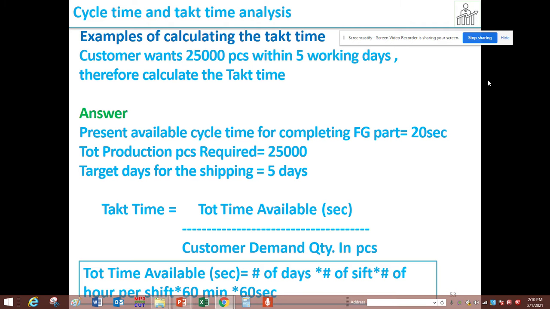So for total time available in seconds, we can consider the number of days that we're working, the number of shifts in a day, the number of hours per shift, and 60 minutes into 60 seconds, because the time that is available we shall calculate in seconds. Therefore, we are converting the days into seconds.